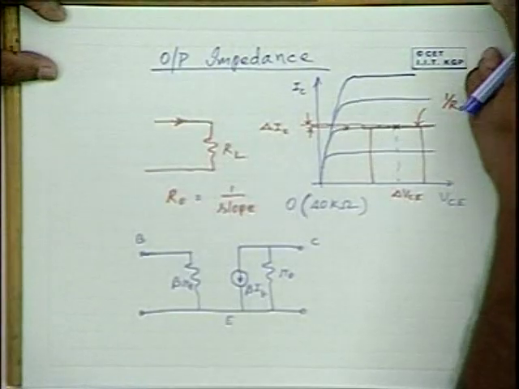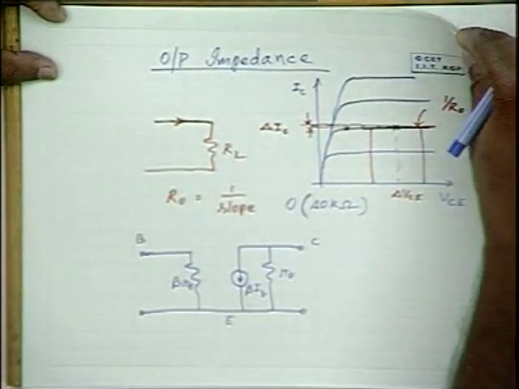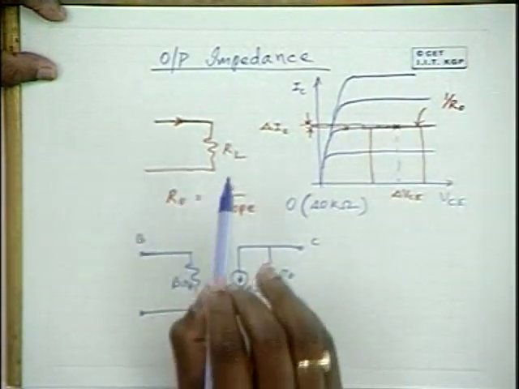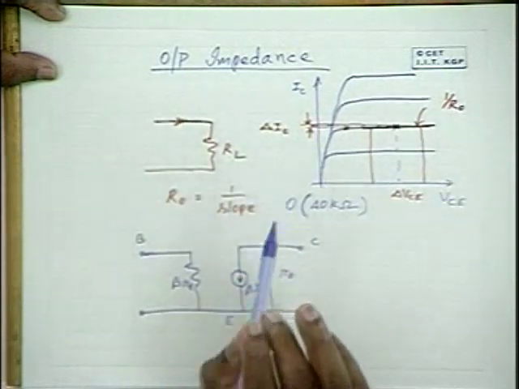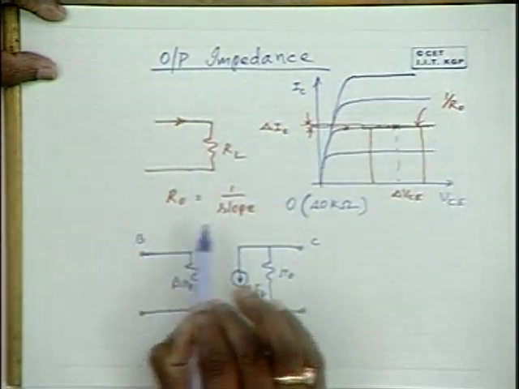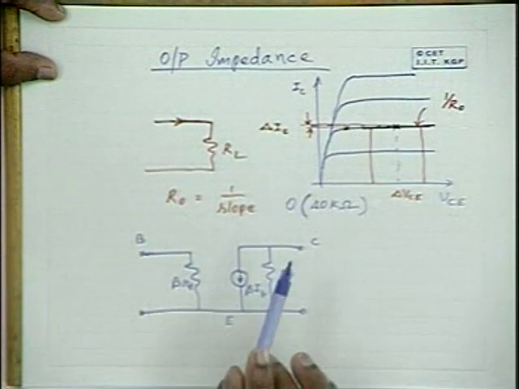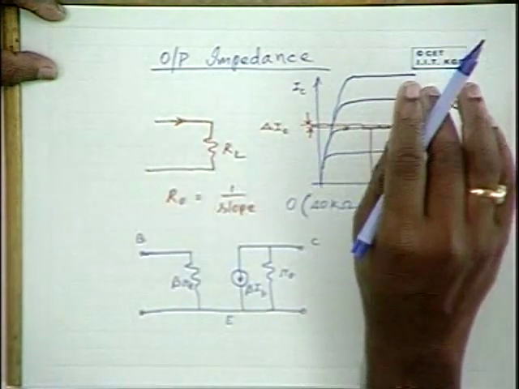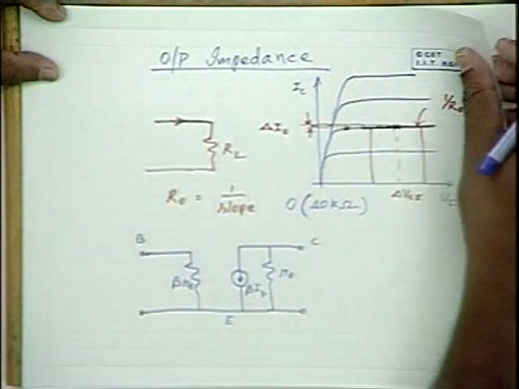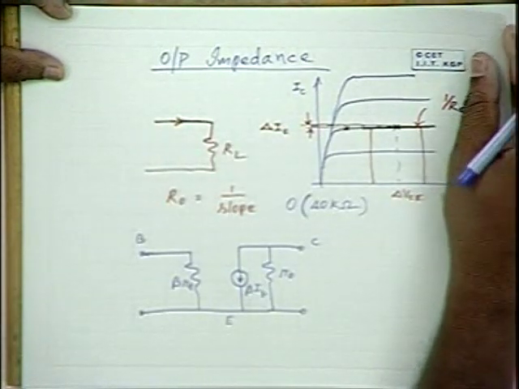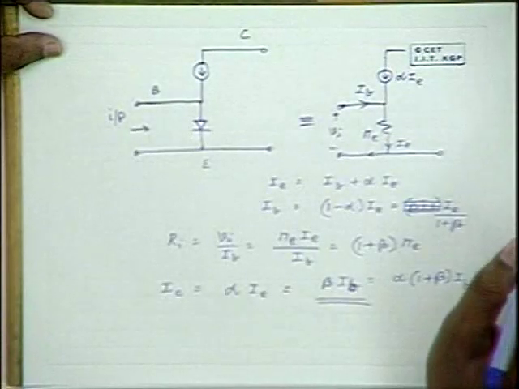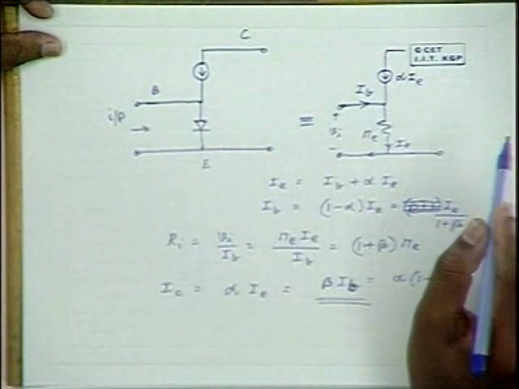For the analysis of an amplifier circuit, we can substitute this model for a transistor and carry out the analysis. Alternatively, the common base model itself can be used in this form, and we can carry out the analysis, because it is the same.